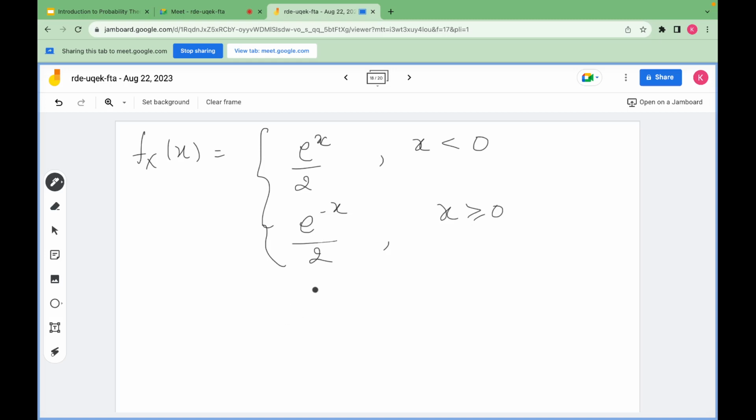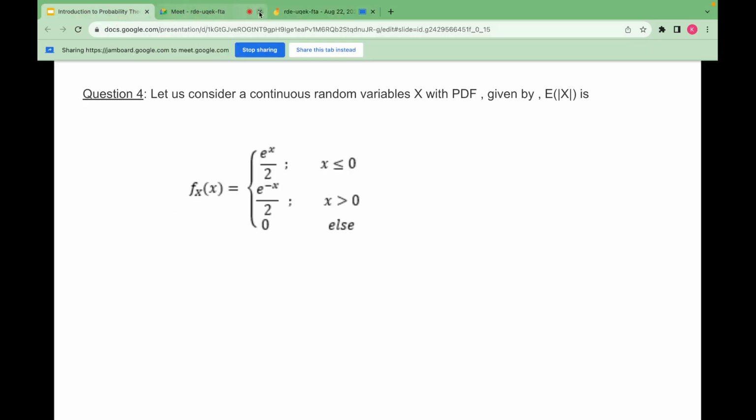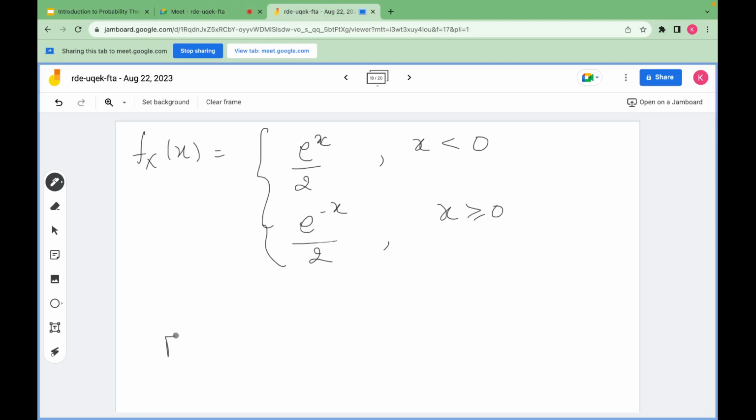So we can make a function, and what we have been asked is the expectation of mod x. So x is a random variable with this probability density function.